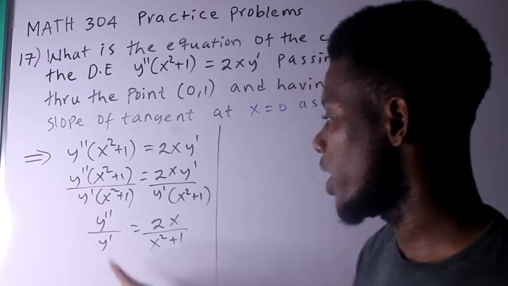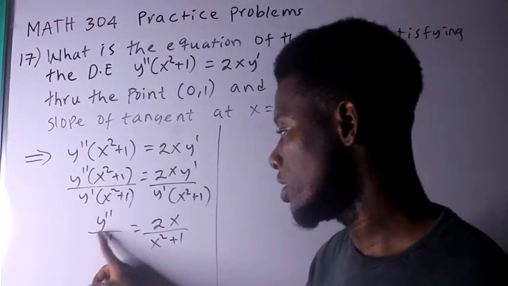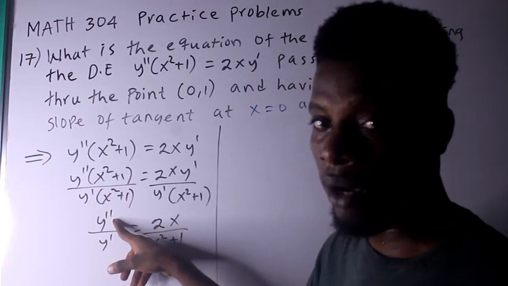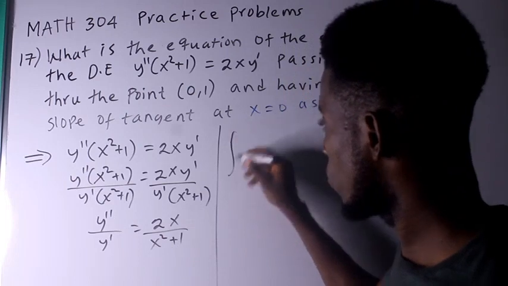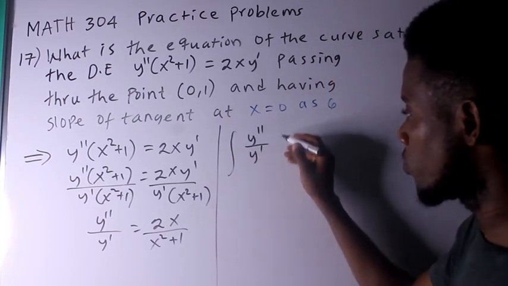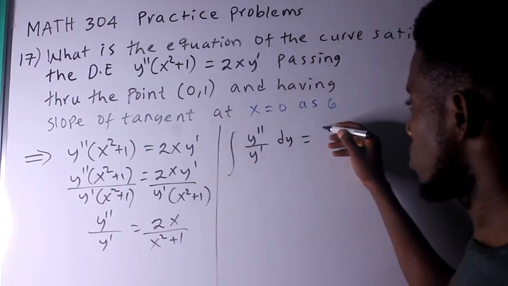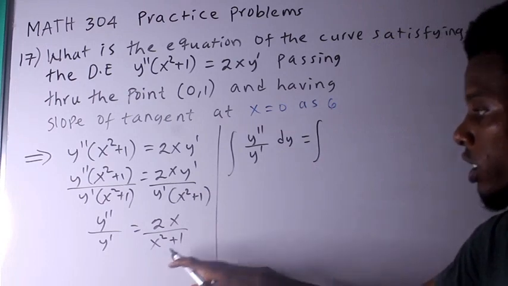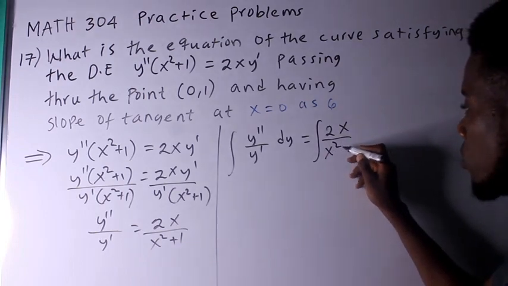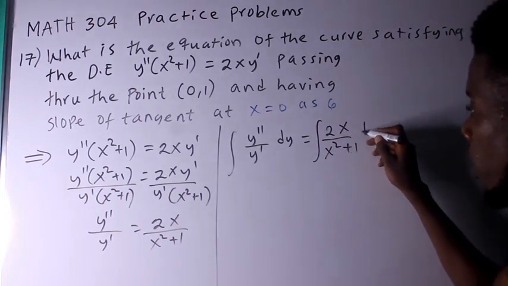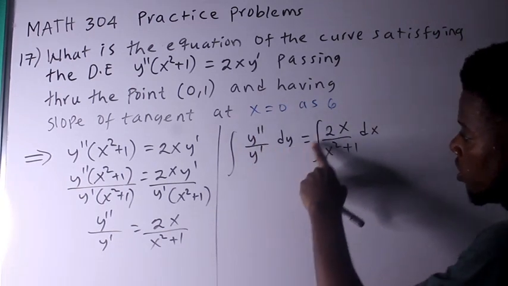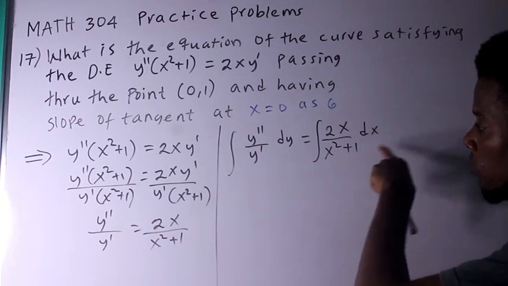But before integrating, we realize that this is the derivative of y', and the derivative of y' is y''. So we have the integral of y'' over y', which we are integrating with respect to x, equals the integral of 2x over x squared plus 1 dx.